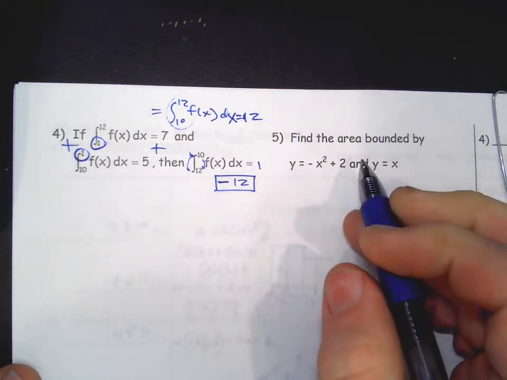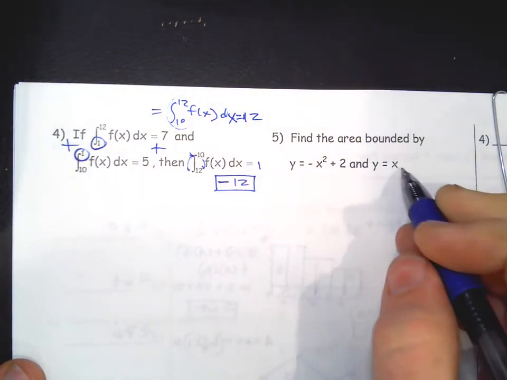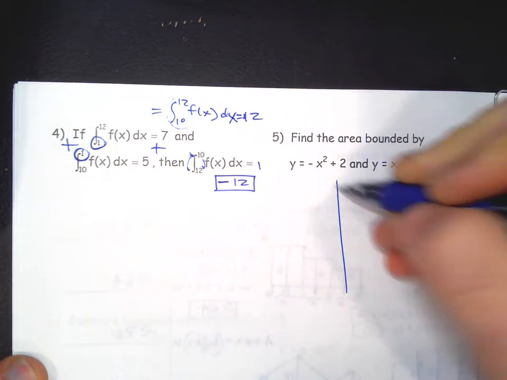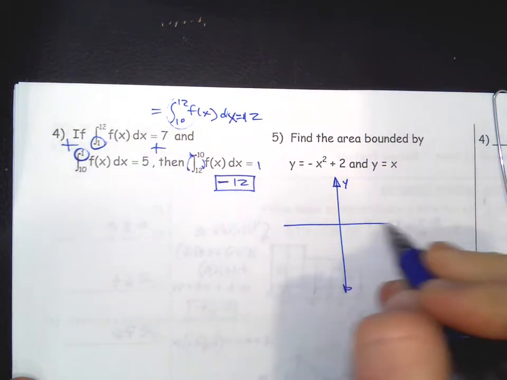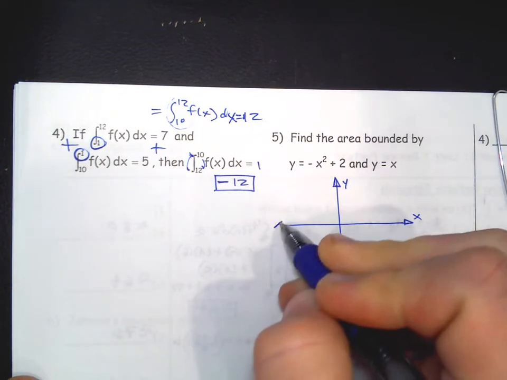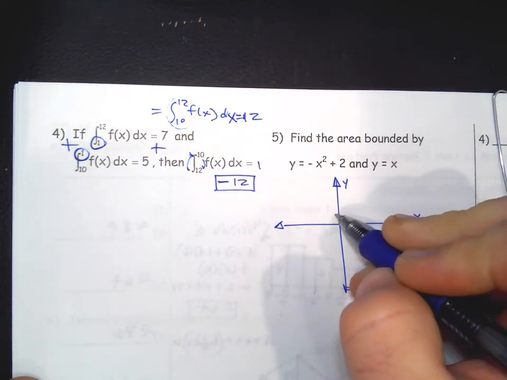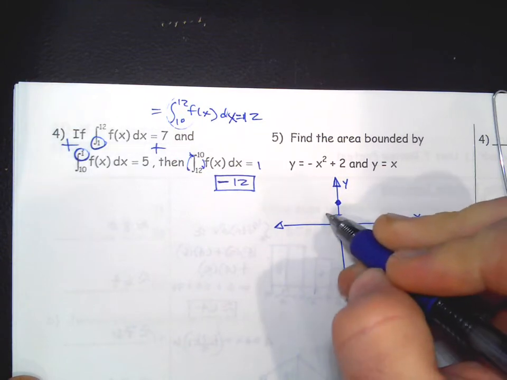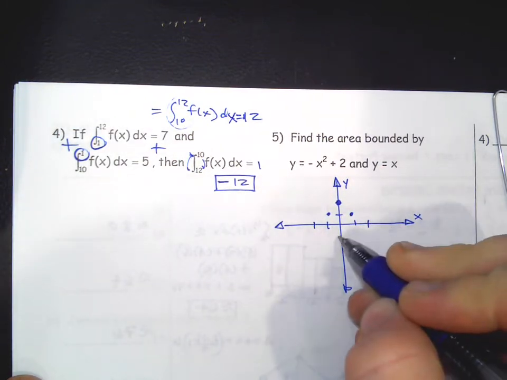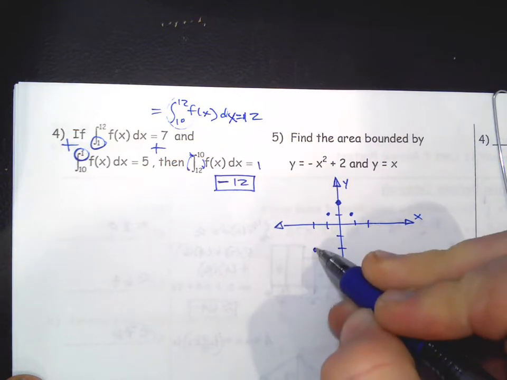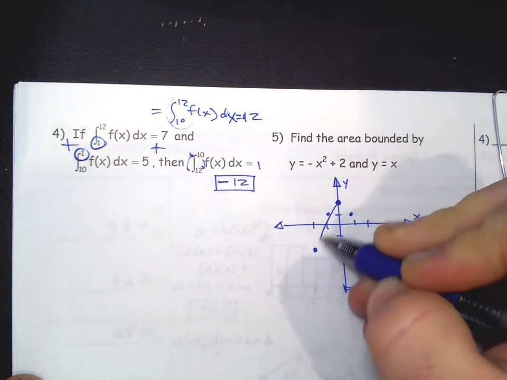Number 5, find the area of this upside down problem, this line. So let's sketch it. Even though we have a graphing calculator, a sketch is going to be very helpful for setting up. So it's an upside down parabola that's been shifted up to 2.